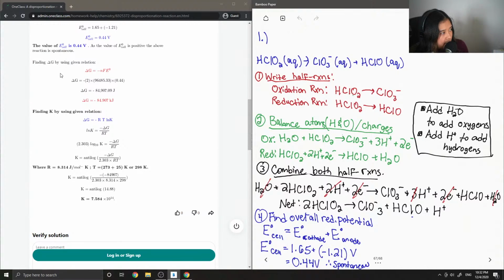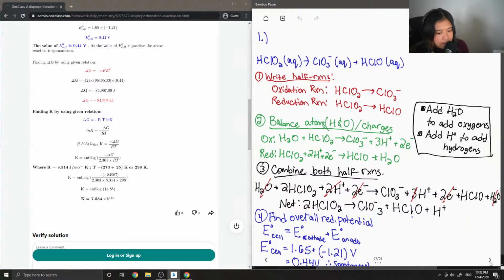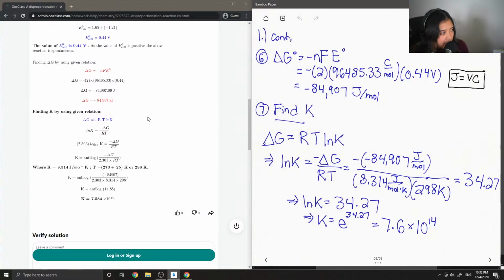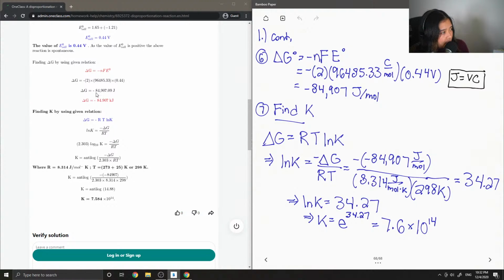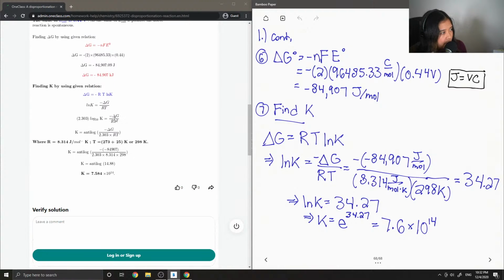Then they found delta G. So I did that on this page. 2 times Faraday's constant times the potential of the cell, and they got negative 84,907 joules per mole.